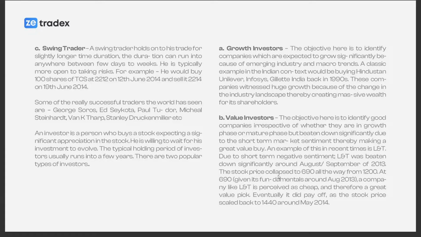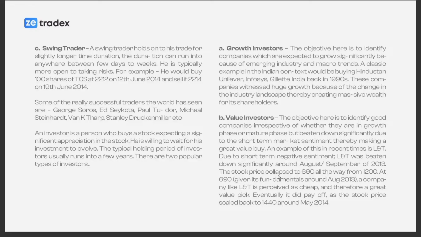The other is the value investor. The objective here is to identify good companies, irrespective of whether they are in growth phase or mature phase, but beaten down significantly due to short-term market sentiments, thereby making a great value buy. An example of this in recent times is L&T. Due to short-term negative sentiments, L&T was beaten down significantly around August, September of 2013, and the stock price collapsed to about 690, all the way from 1,200.